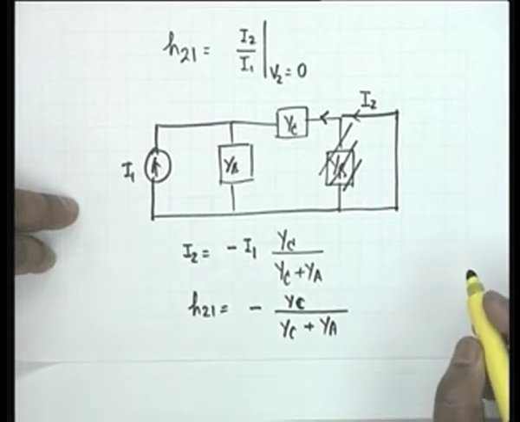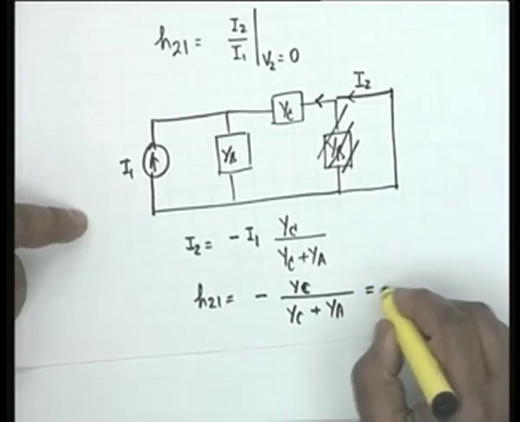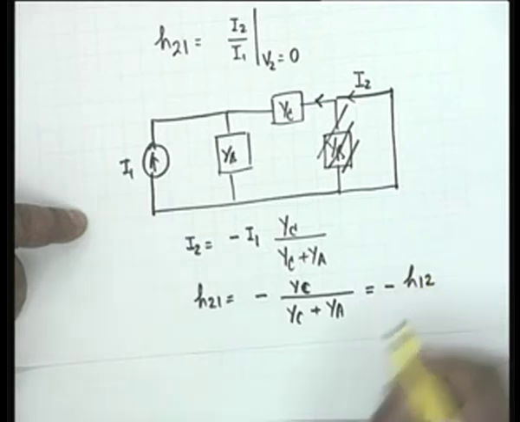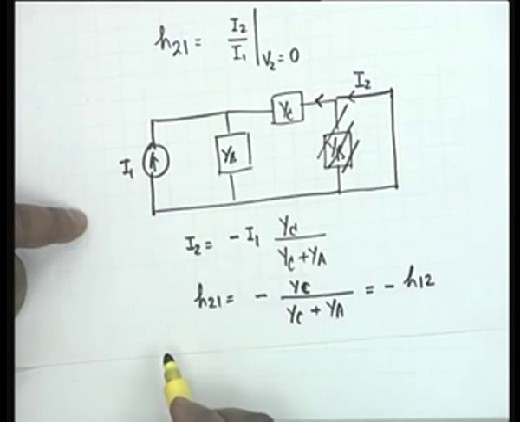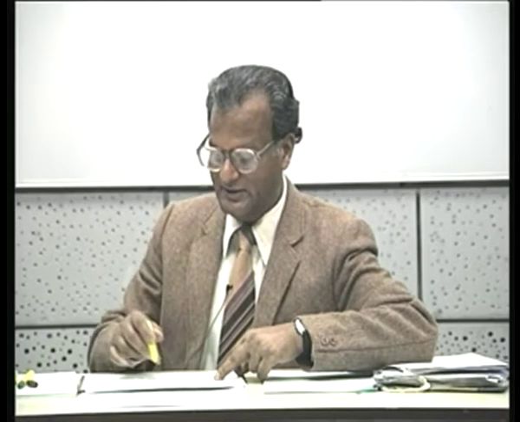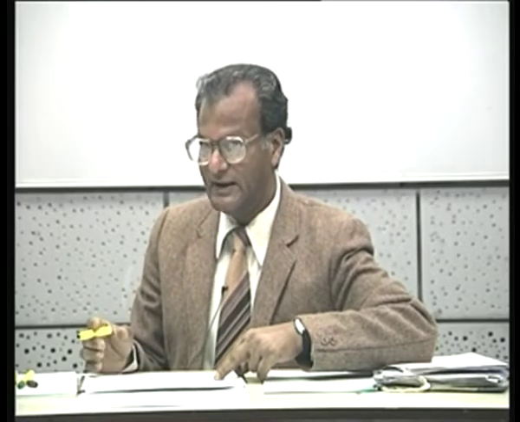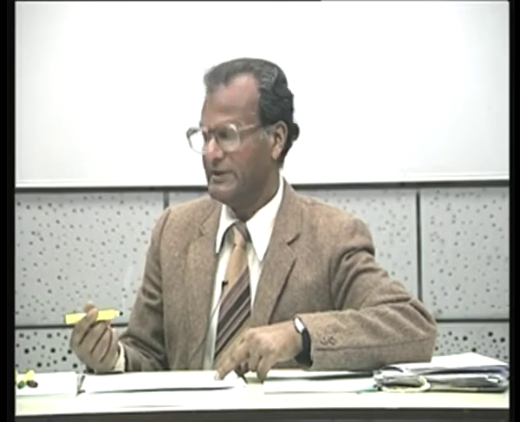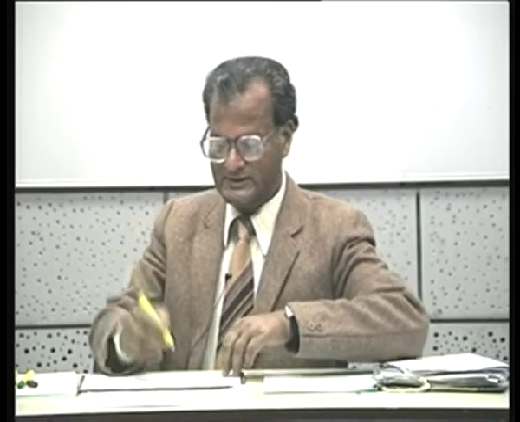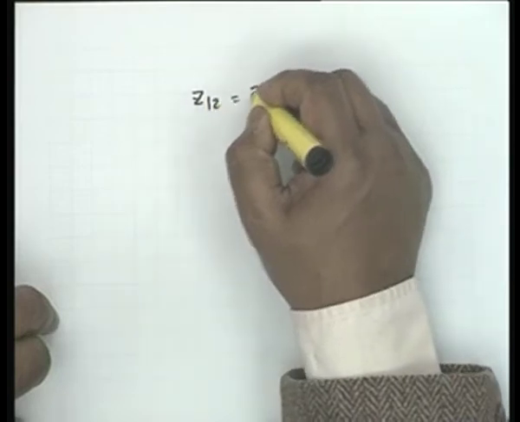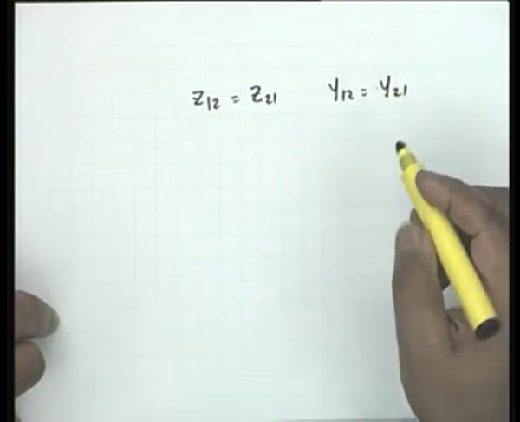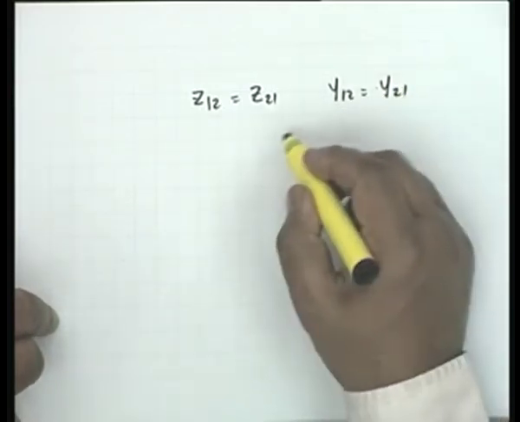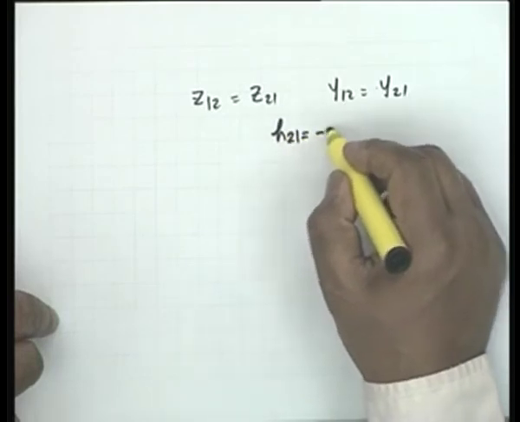And if you recall what is H12, you see that this is exactly minus H12. And what does this indicate? This indicates the condition for reciprocity. We assume that YA, YB, YC are bilateral elements, that they pass current equally well in both directions, and therefore what was Z12 equal to Z21 or Y12 equal to Y21 in terms of Z and Y parameters now transfers into H21 equal to minus H12.